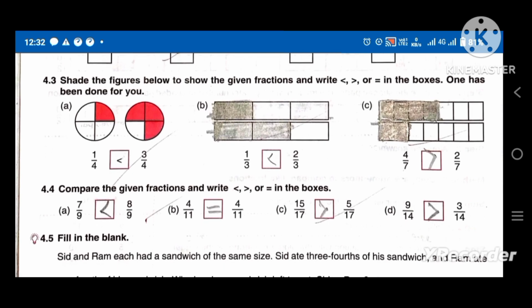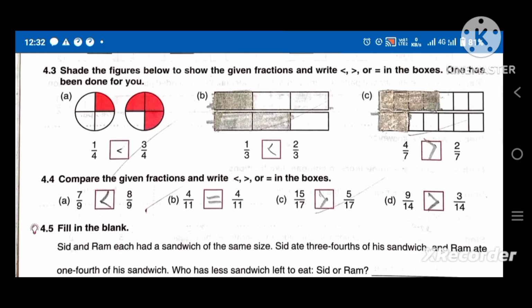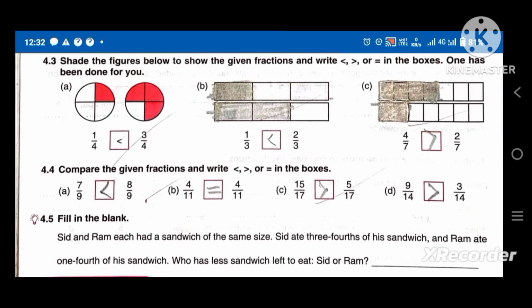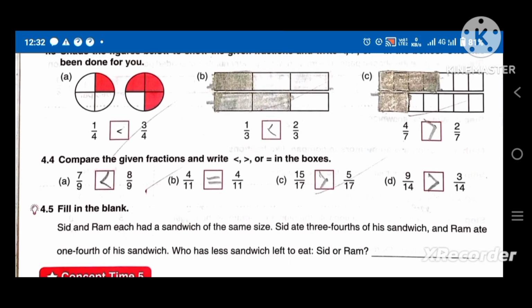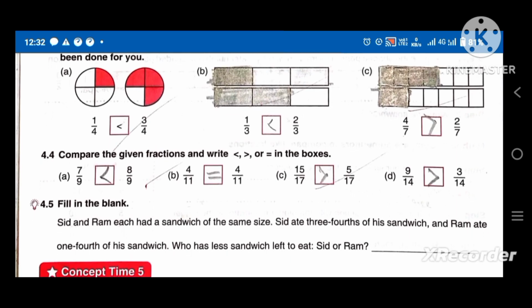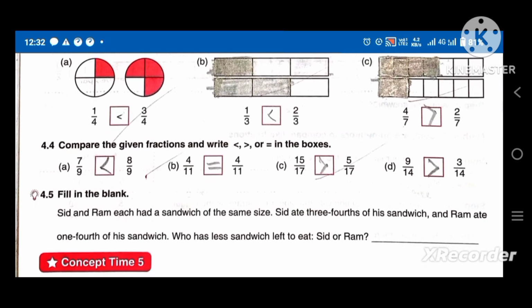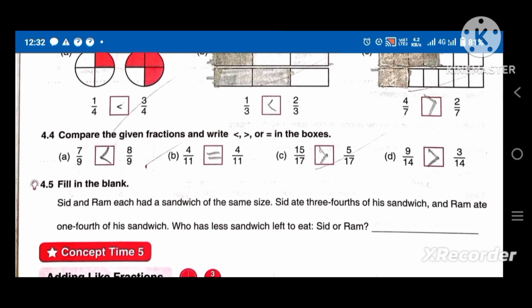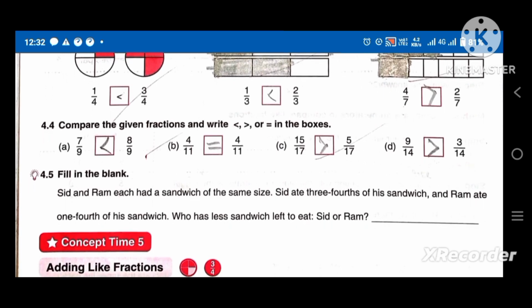B. 3 parts are there. 1 box is shaded, and in another picture 3 boxes are there, 2 parts are shaded, that is 2 by 3. 1 by 3 is smaller than 2 by 3. 4 by 7 is greater than 2 by 7.